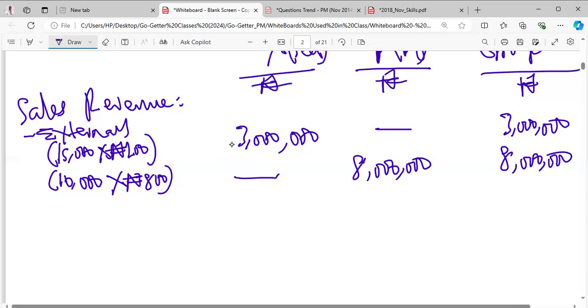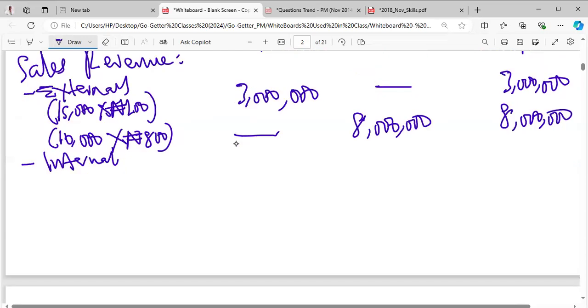External sales gone. So this is now internal. So internal, we're going to split it. 16,000 is going to go at 105.